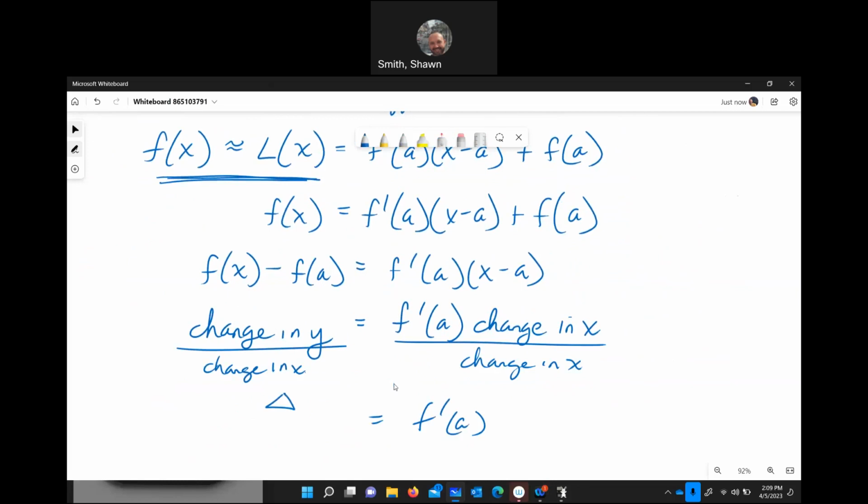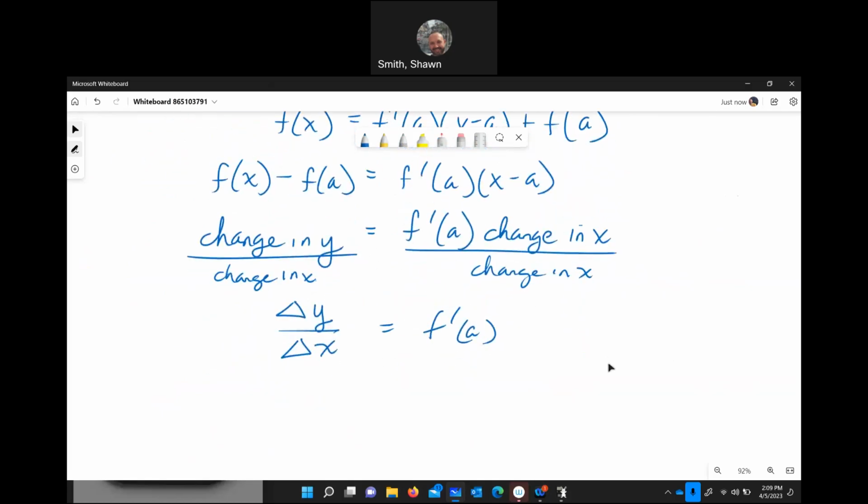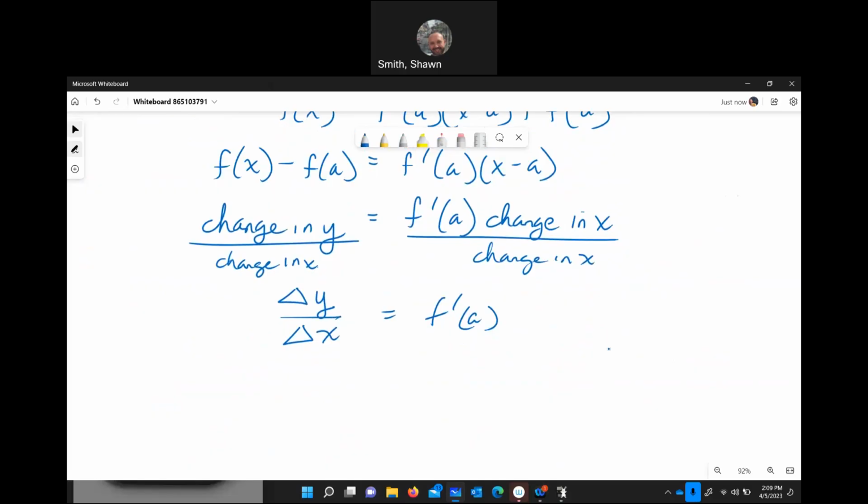That's the slope, right? That's nothing new. If I didn't divide by this, I can just say change in y is equal to f prime of a times change in x.